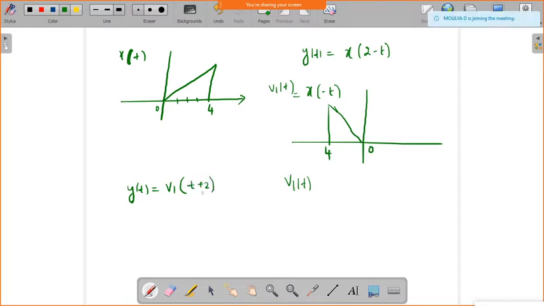So we shifted v1 of t by 2 units to the left side, which is starting from 2 to 6. It was done like this, right?